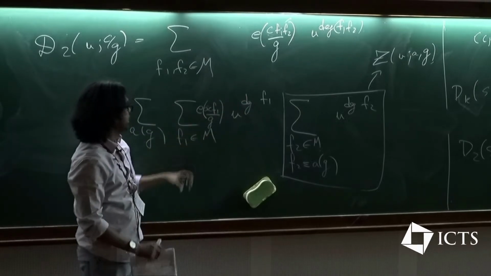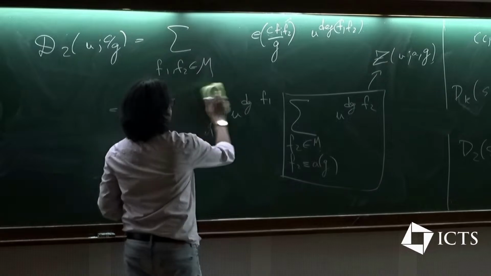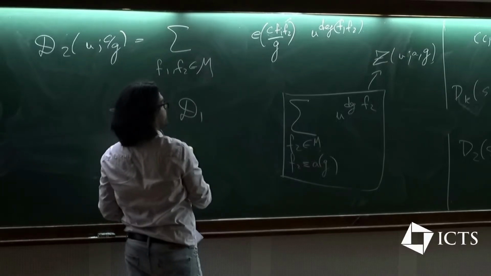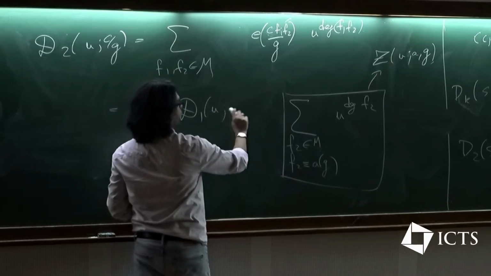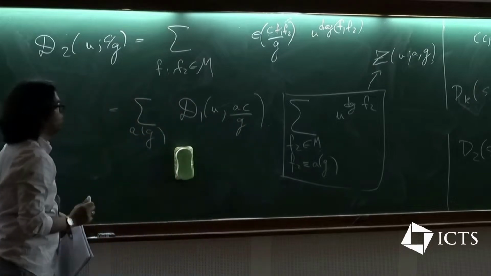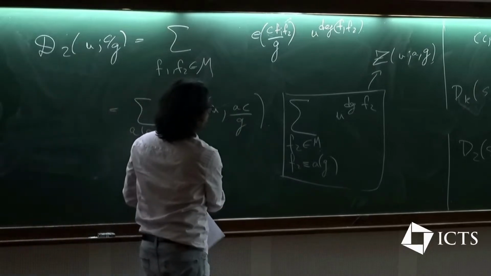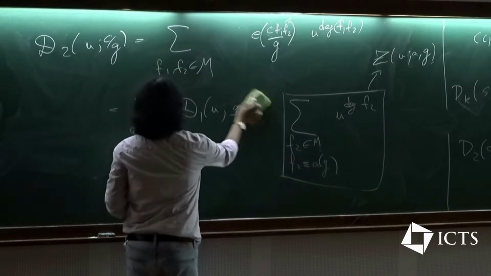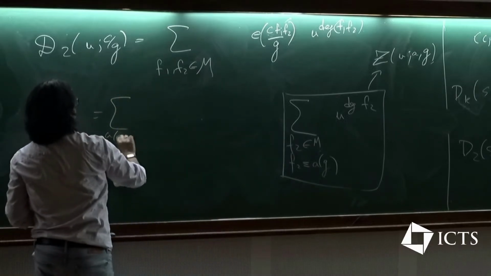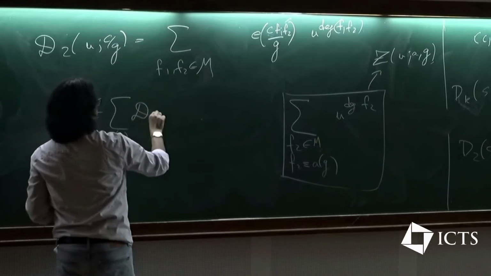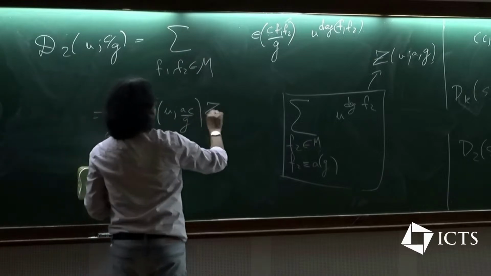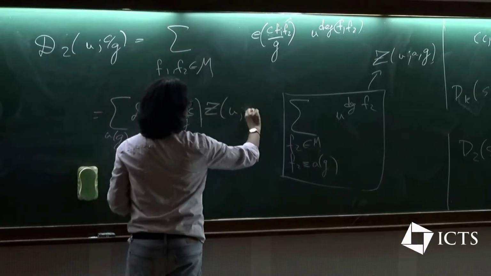So this is the degree 1 estimate function on the variable AC. So this becomes a sum over a mod g of d1(u; AC over g) times Z(u; a, g).